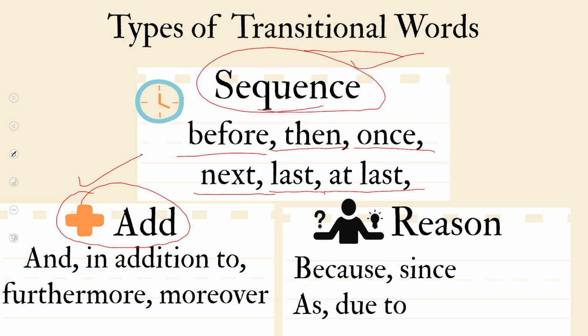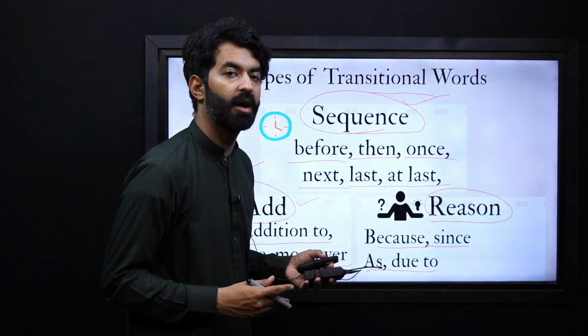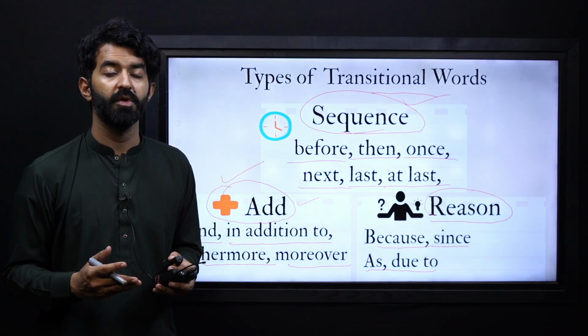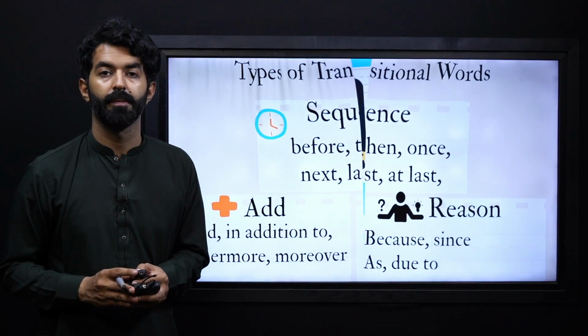We have words like and, in addition to, furthermore, moreover, and so many other transitional words when we want to add something in our sentences. And for giving a reason, we have because, since, as, due to. So all these are transitional devices for showing reason. We have sequence, addition, and reason.